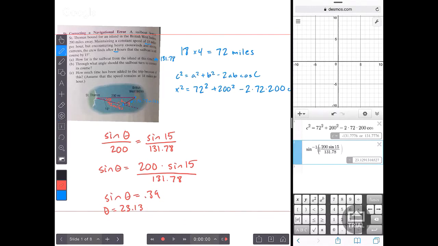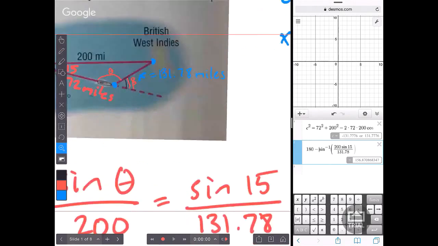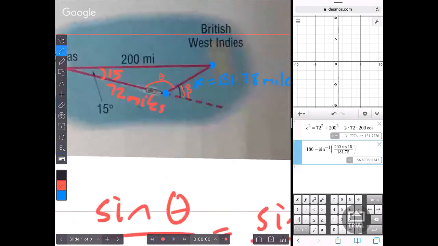So I really want to find theta. I'm going to say that the actual theta is equal to 180 minus 23.13. So 180 minus all this is 156.87. So I'm going to zoom in here and say, okay, now I've found theta.